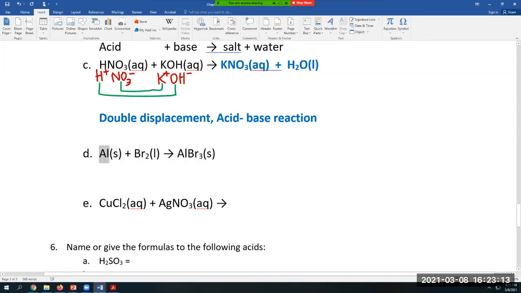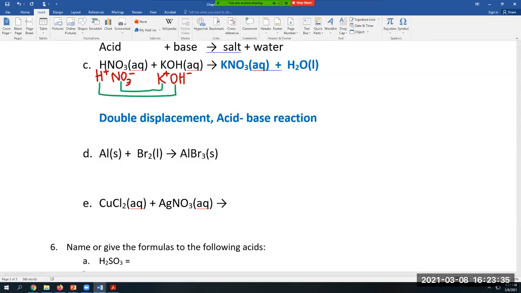So even though the aluminum are balanced, we have one aluminum on both sides, the bromine are not balanced. We have 2 bromines on the left and 3 bromines on the right. So when you have 2 and 3, you need to make it 6 for both sides because you need the least common multiple here.